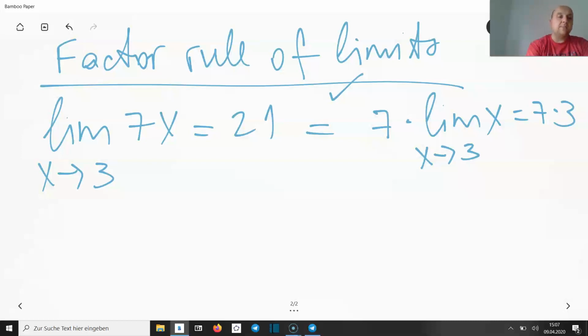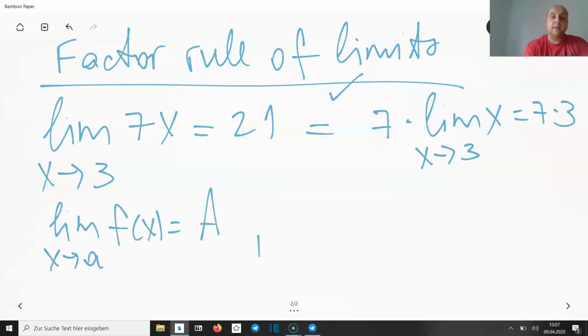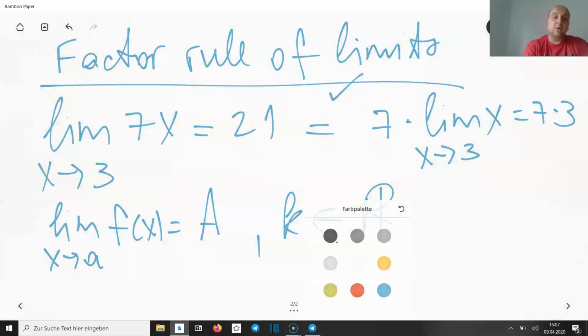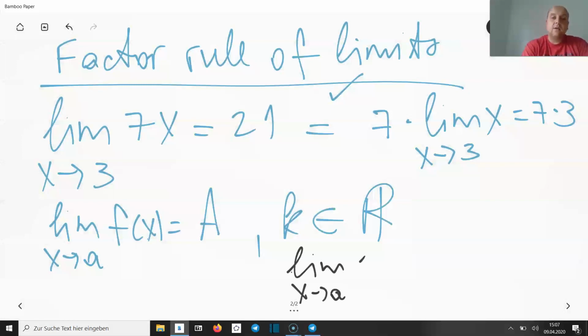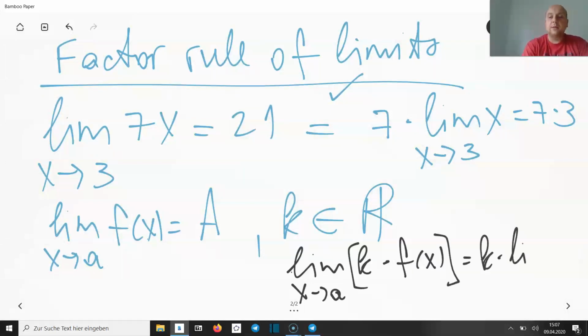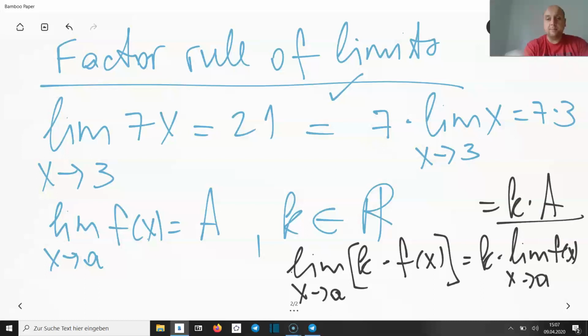So the factor rule statement is: if there is a limit x towards a of f of x, which gives us a capital A as a result, and if there is a k real number, which is a constant number that we're working with, then the limit of x towards a of k times f of x is just the same result as if we have k in front of the limit x towards a of f of x, and that would be just k times capital A. This is the factor rule of the limits.